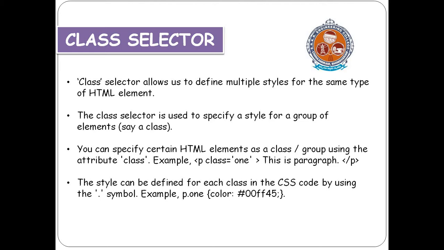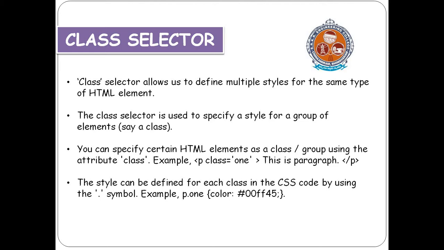Now you can specify certain HTML elements as a class or group using the attribute class. So if you want to create any class selector, you have to use the attribute class.